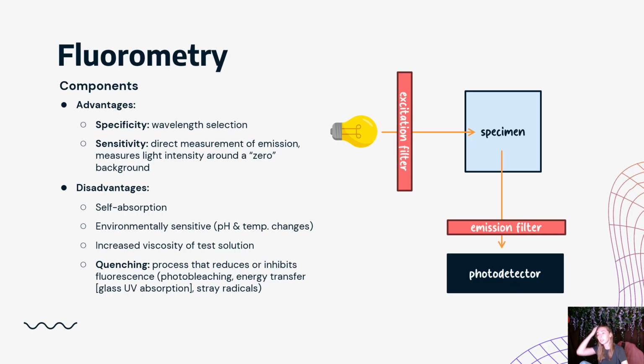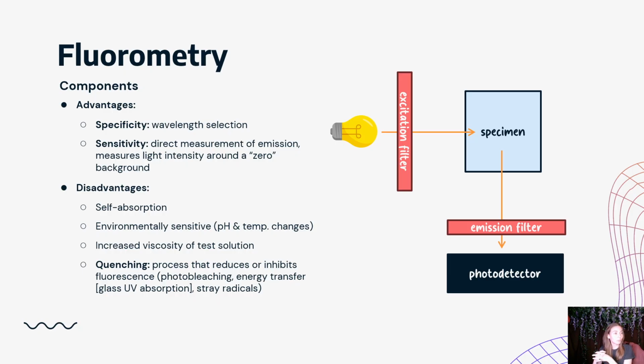The advantages of fluorometry is that we have the ability to be very specific about our wavelength selection, and we can also be very, very sensitive with our measurements. Our measurements are very sensitive because we are measuring directly the emission of light coming from the excited particles on a zero-based background.